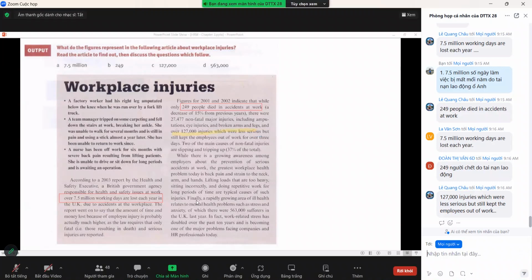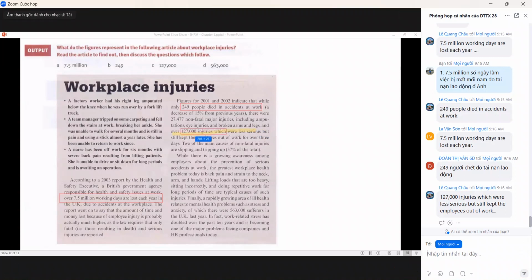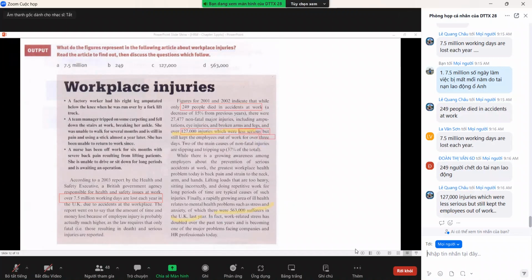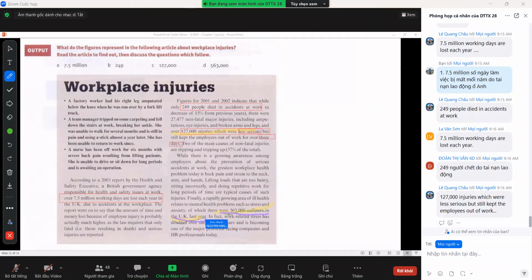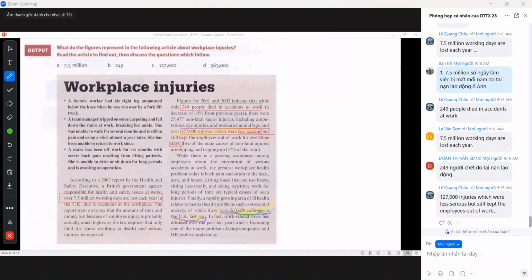Here, yes, I see. Less serious, okay? But they also kept the employees out of work for over 3 days. So great, right? And the last one, 563,000 suffer in the UK last year.